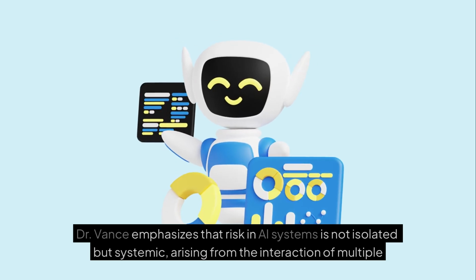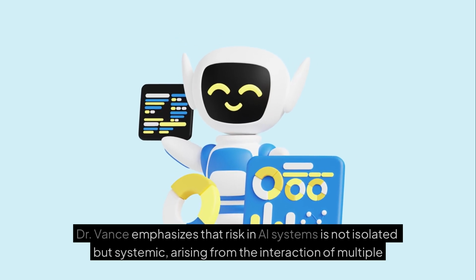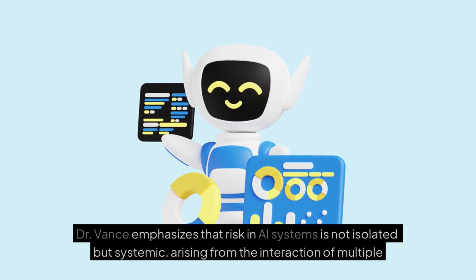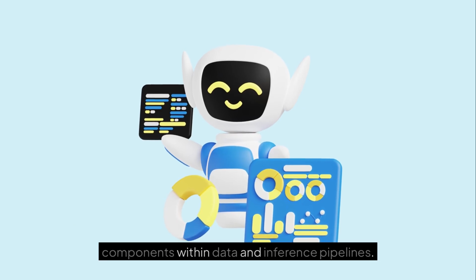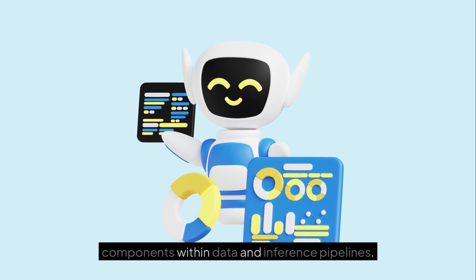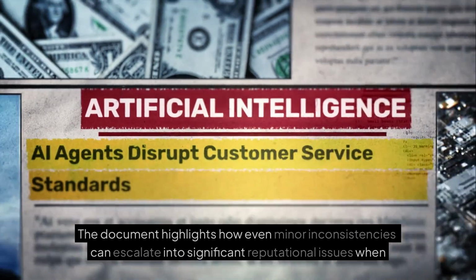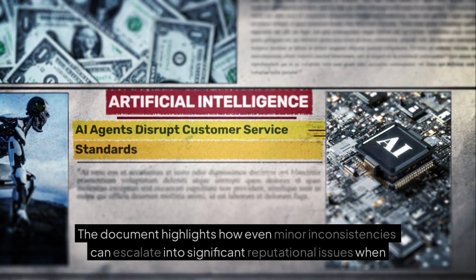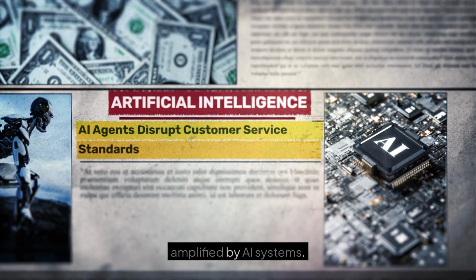Dr. Vance emphasizes that risk in AI systems is not isolated, but systemic, arising from the interaction of multiple components within data and inference pipelines. The document highlights how even minor inconsistencies can escalate into significant reputational issues when amplified by AI systems.